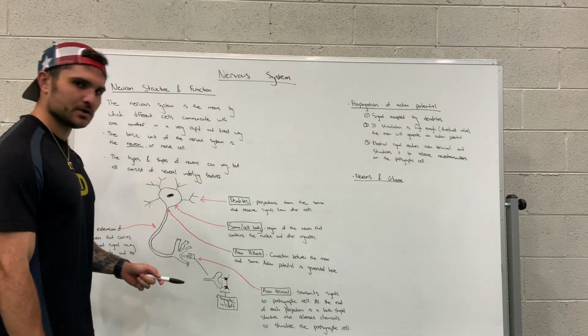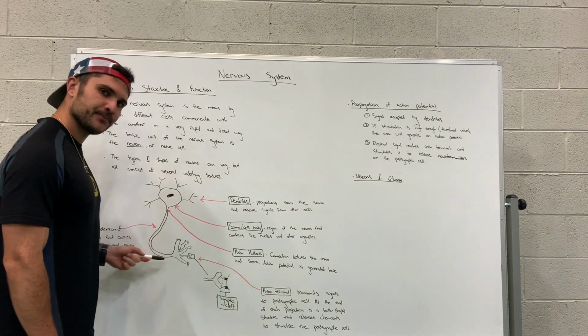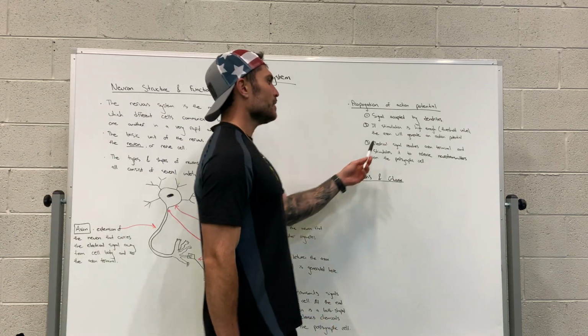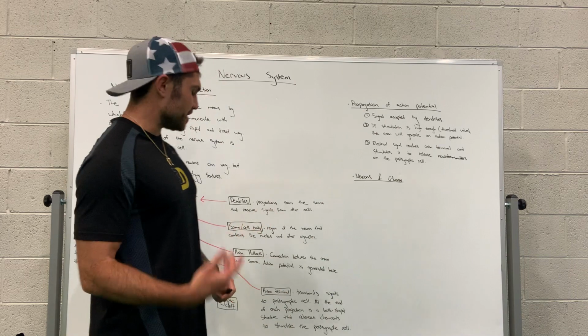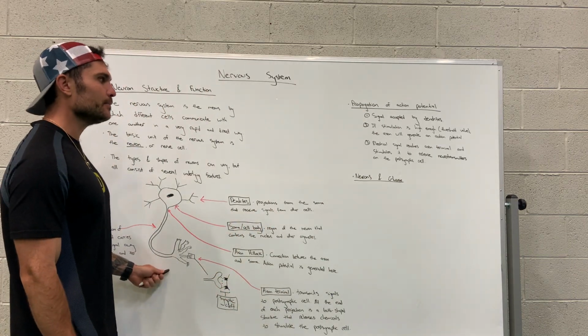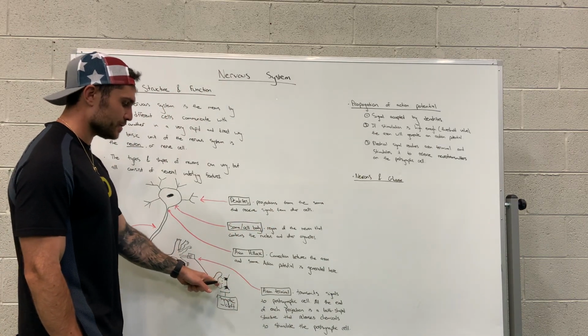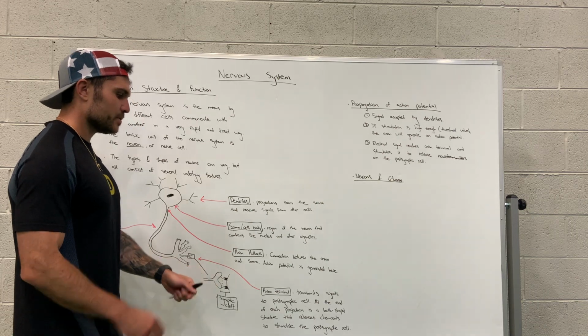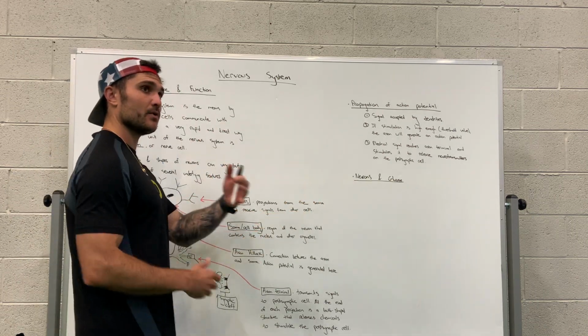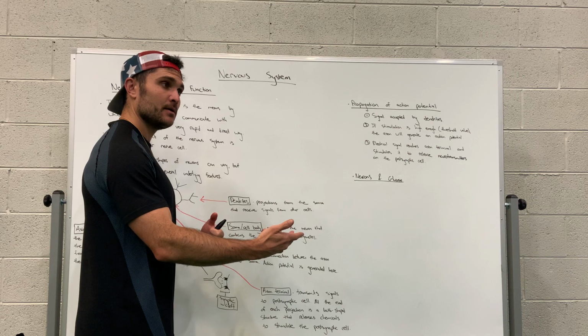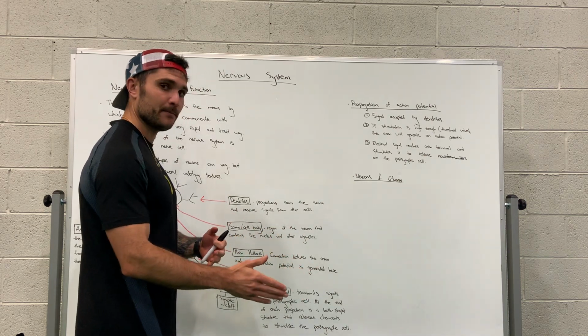And this electrical signal will essentially go down this wire. Okay? So the electrical signal reaches the axon terminal and it stimulates it to release these neurotransmitters, okay? Which essentially stimulates the postsynaptic or the next cell to initiate an action potential as well.